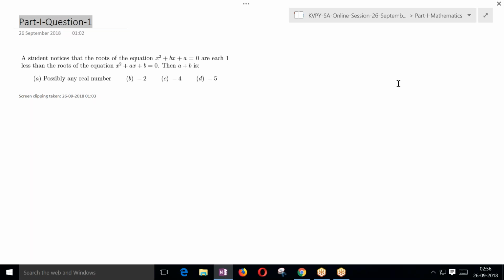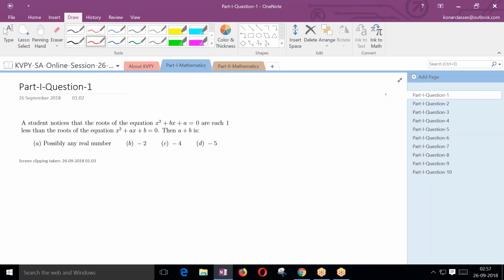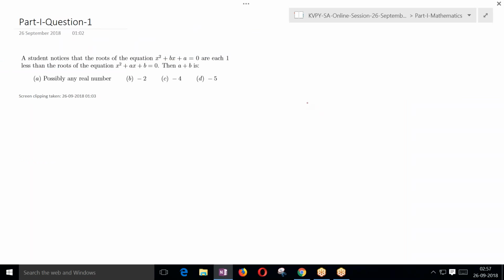Let us consider the first equation, x square plus bx plus a equal to 0.